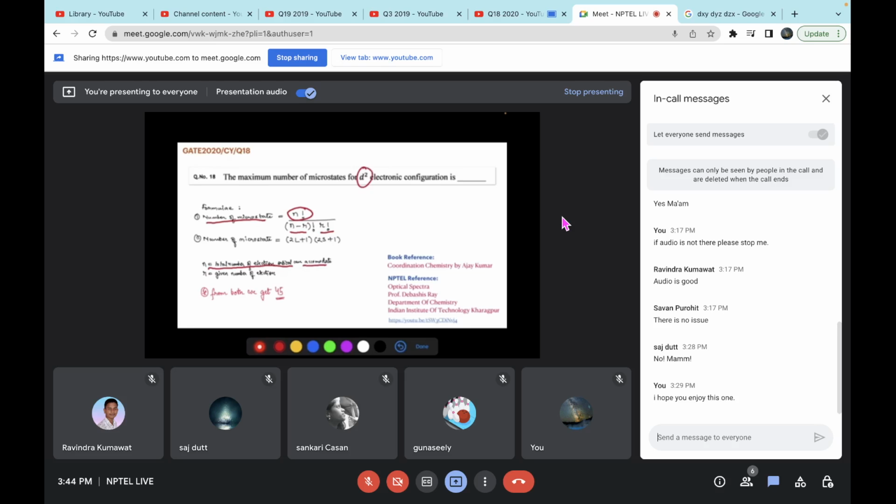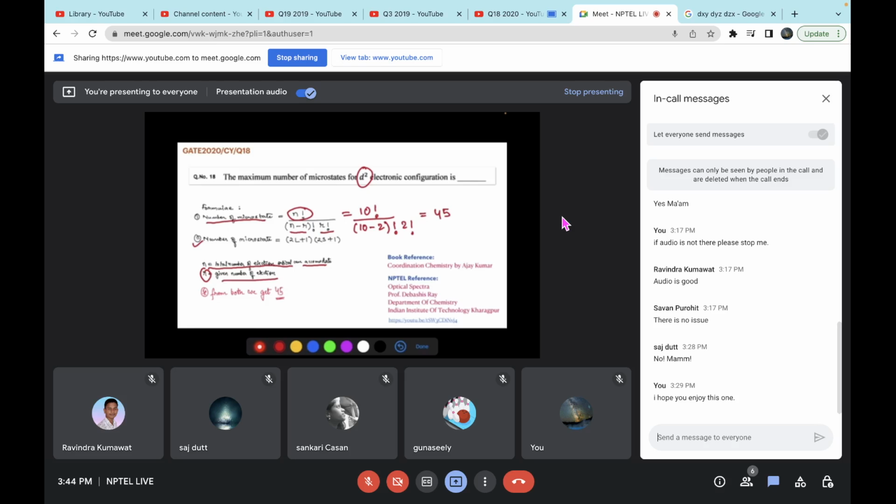For d2, the total number of electrons that the d orbital can accommodate is 10. So it becomes 10 factorial upon (10 minus number of electrons) whole factorial, r being the given number of electrons, so 2 factorial. This will give me the value 45.